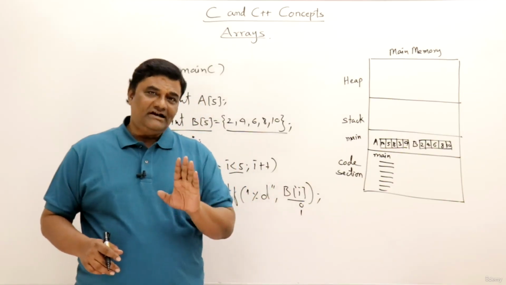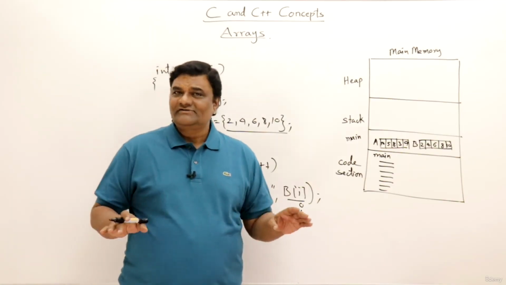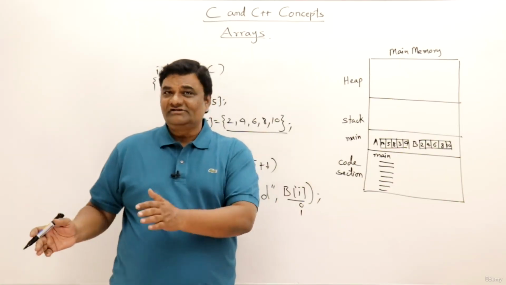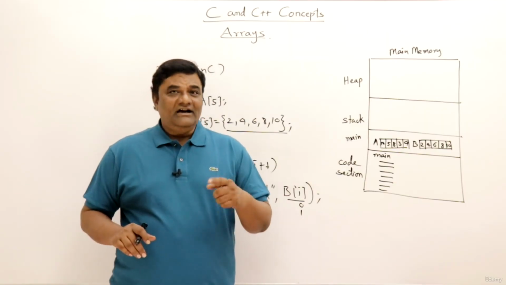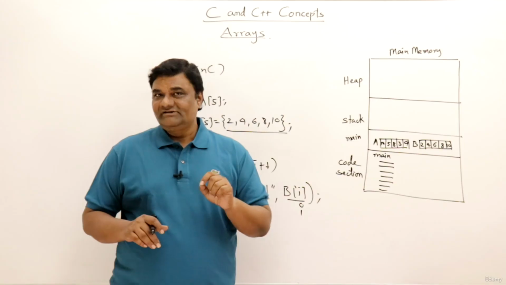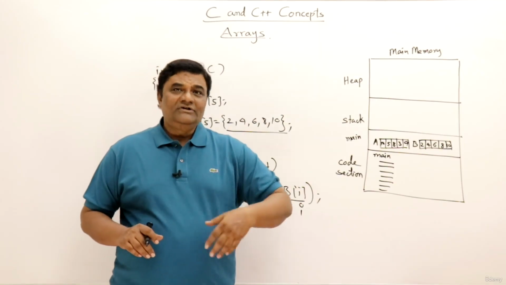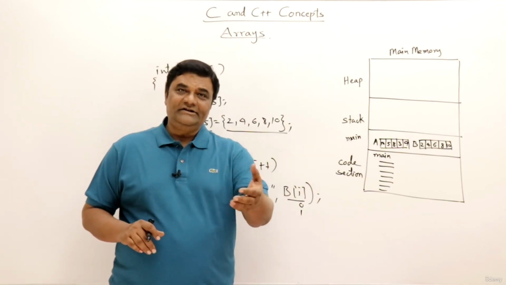This is sufficient for now because there is a big section called arrays where you will learn everything about arrays. So as a revision, I have discussed this much. That is sufficient. We have to learn about other topics. Let us continue in other videos.